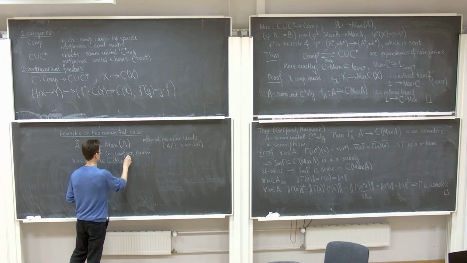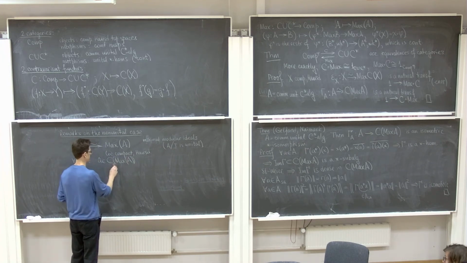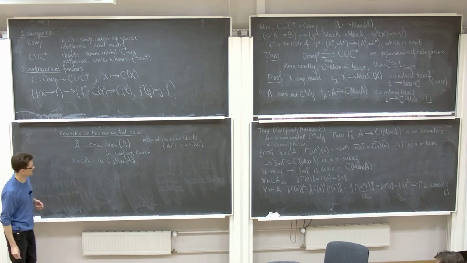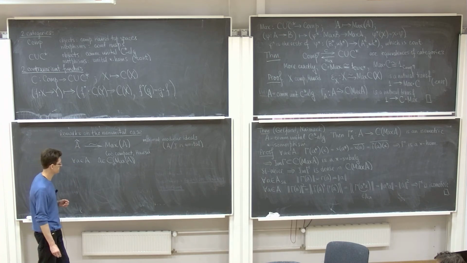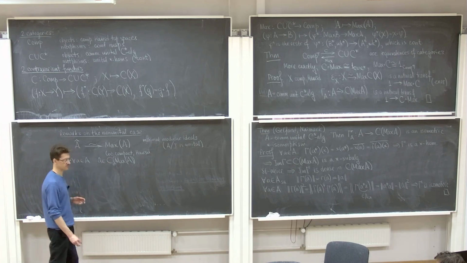But now we can say more. It is not only continuous, but it also vanishes at infinity. The algebra of continuous functions which vanish at infinity is denoted by C0.